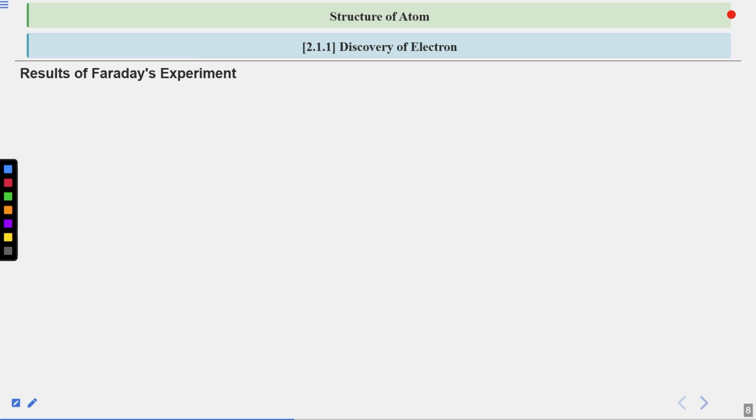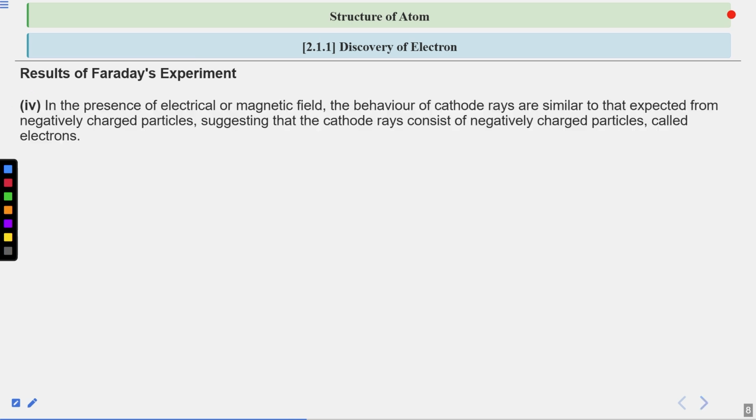Now, the fourth result was that if we supply any electrical or magnetic field, then these cathode rays behave like a stream of negatively charged particles. So we will see what happens on applying electric and magnetic field, in the later slide.